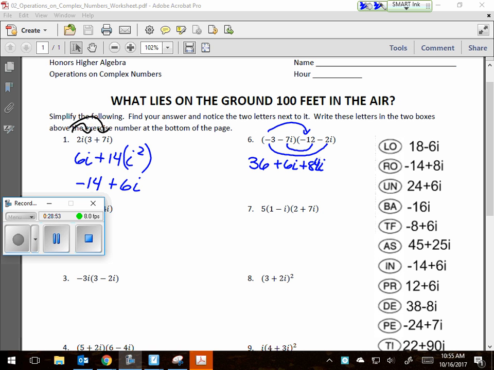And then the last is this times this, which makes positive 14i squared. Now you simplify that down, it'll be one of these answers over here. Did you notice that -14 plus 6i, boom, it's right there. There's an answer bank. It's kind of nice. You can know whether you're doing it right based on your answer bank.